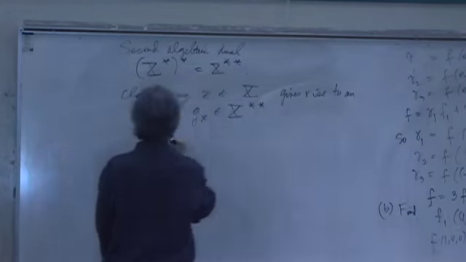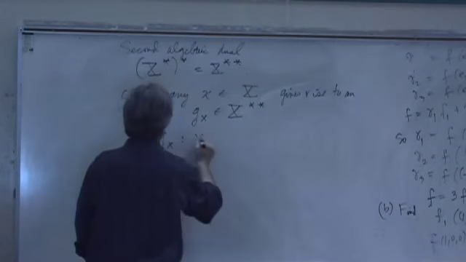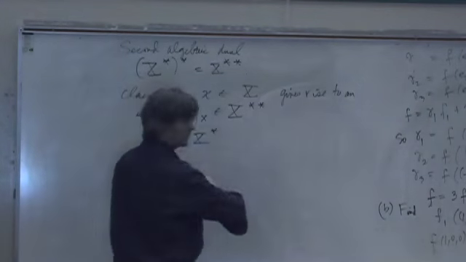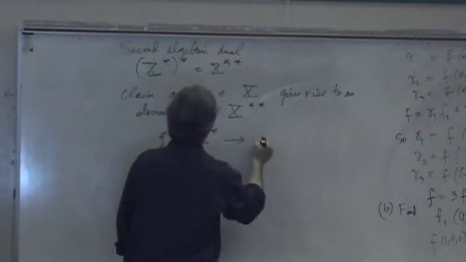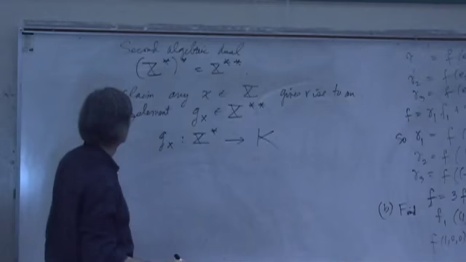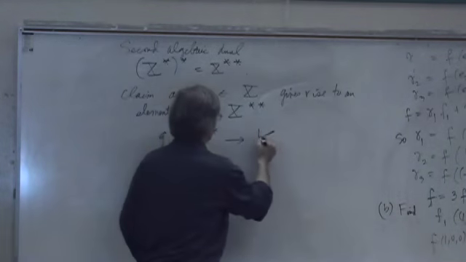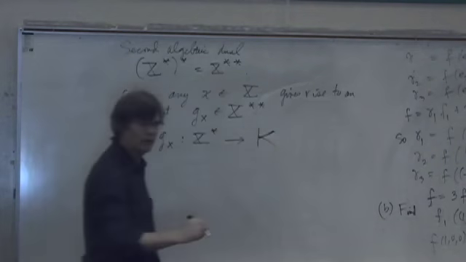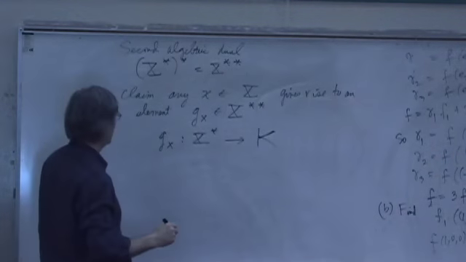So what am I talking about? g sub x is mapping the dual space back to this field of scalars. So I could talk about the real values or whatever here. So K was my scalar field.